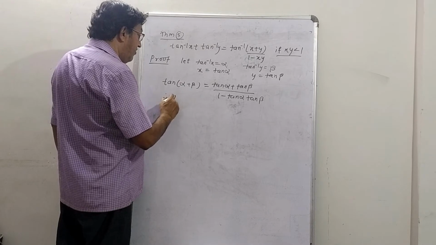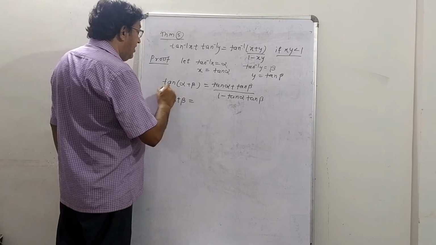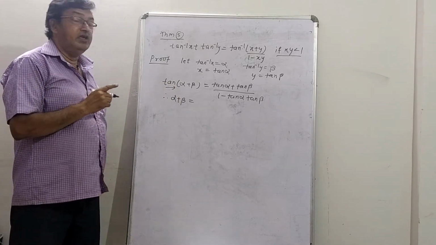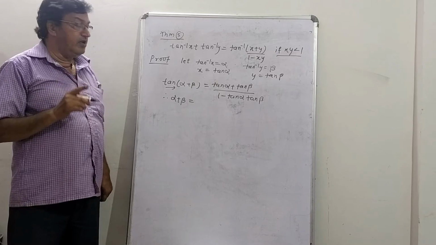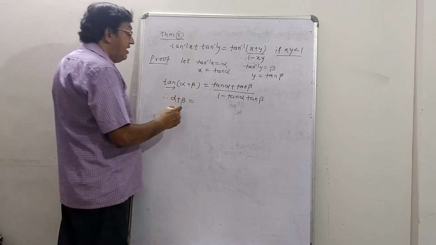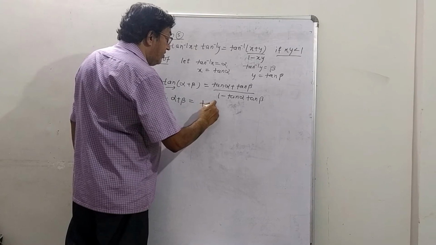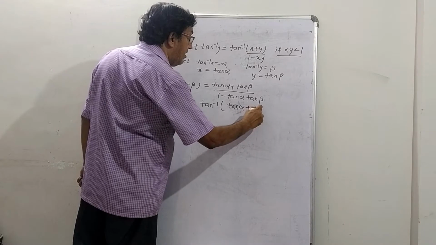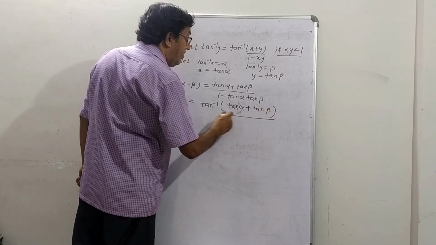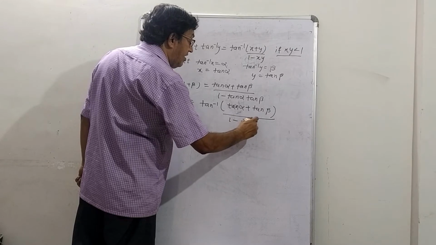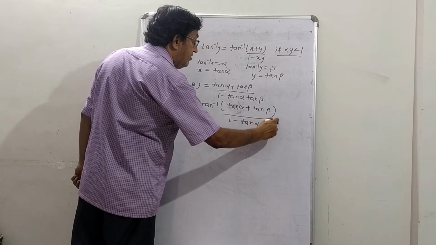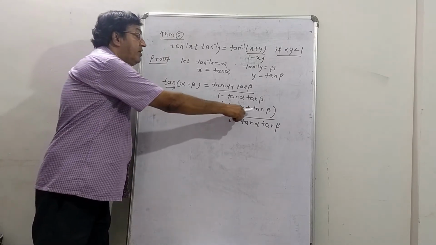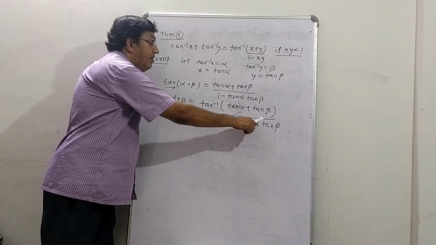So therefore, transferring tan to the right hand side, using the definition of inverse trigonometric function we can write alpha plus beta equals tan inverse of (tan alpha plus tan beta) divided by (1 minus tan alpha into tan beta).